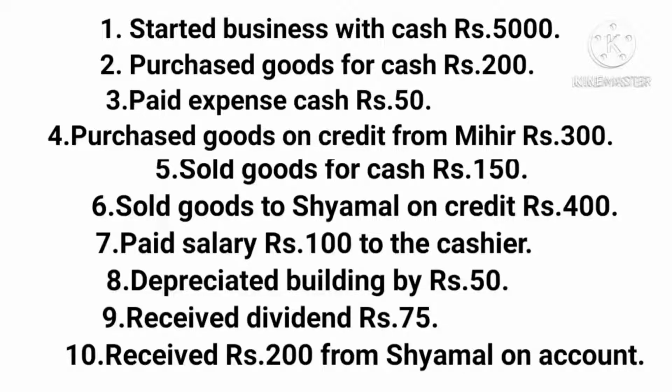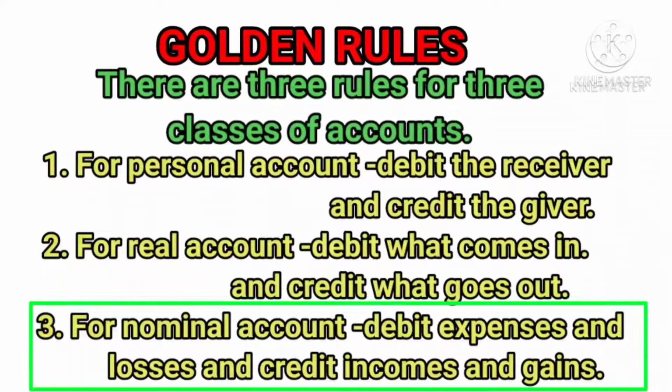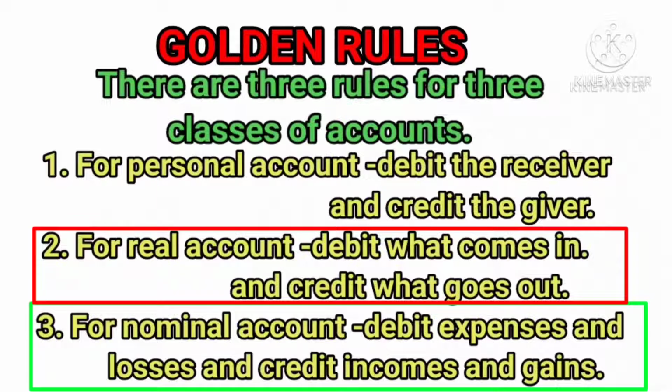Next, number 3, paid expenses cash rupees 50. In this transaction there are 2 aspects. One is expenses and other is cash is going out for payment. Here expenses is a nominal account, and as per golden rule all expenses will be debited, and cash is a real account, and asset, as per golden rule all asset going out will be credited.